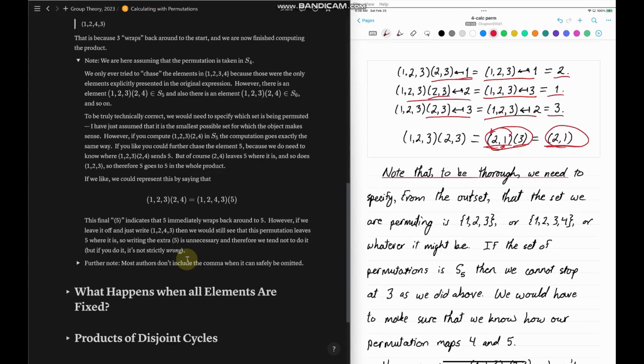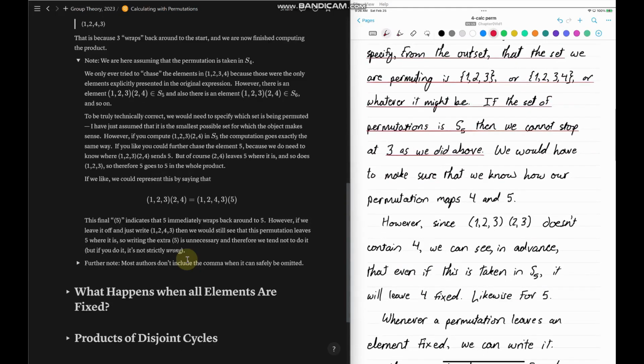Note that to be thorough, we need to specify from the outset that the set we are permuting is the set {1, 2, 3}, or {1, 2, 3, 4}, or whatever it may be. If the set of permutations is, say, S5, then we cannot stop at 3 as we did above. We would have to make sure that we know how our permutation maps 4 and 5.